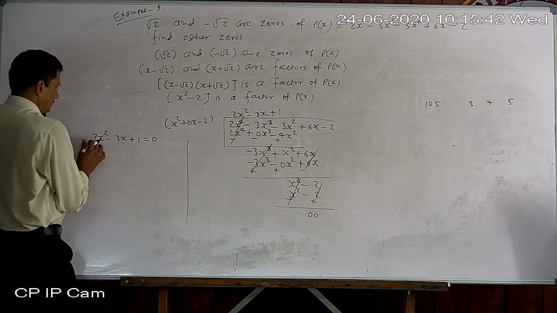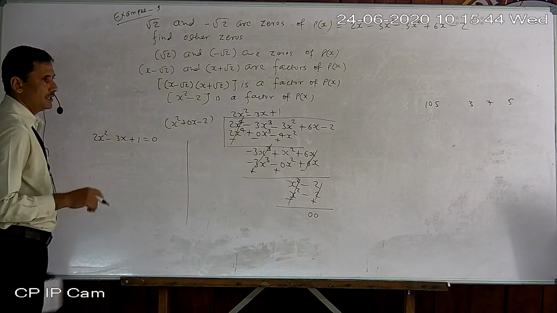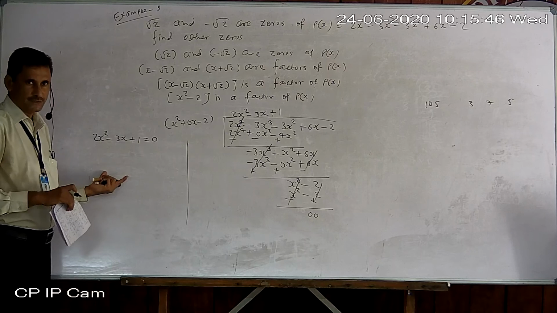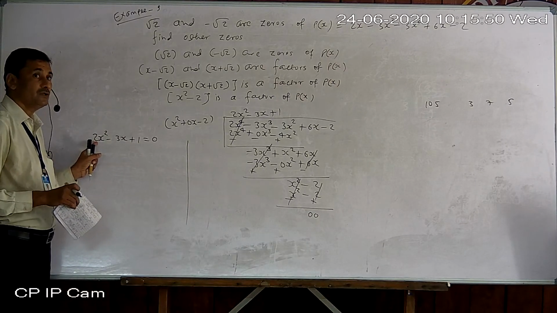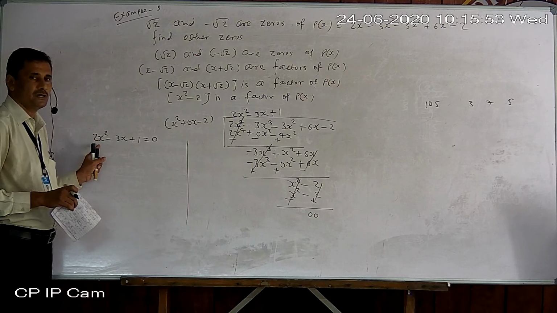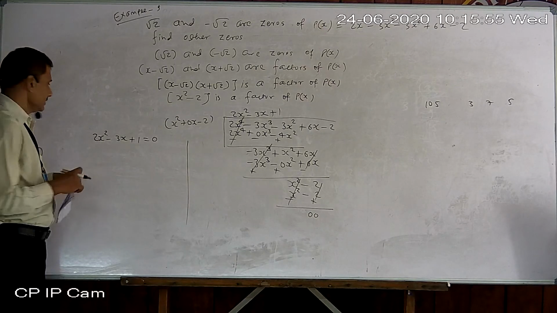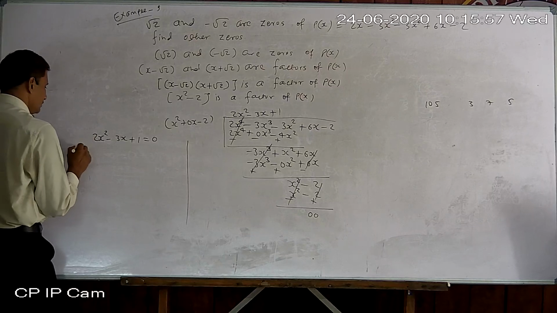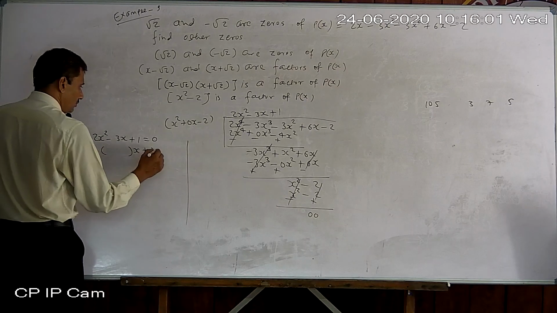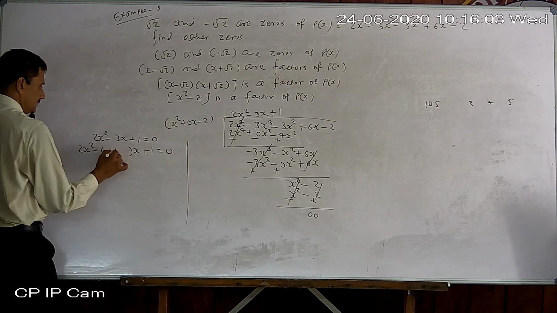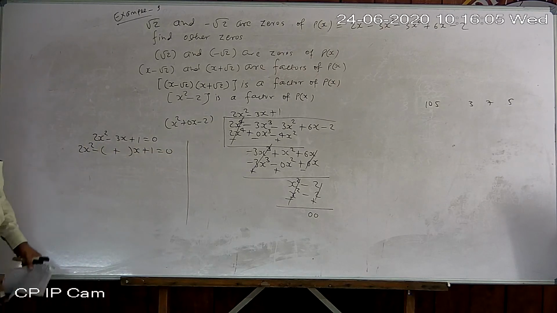So now, whenever a is not 1, you have to go through the whole process. In the earlier sum, a's value was 1, so I wrote the 2 factors directly. Now here it is 2, so we have to follow the whole process of the splitting method.